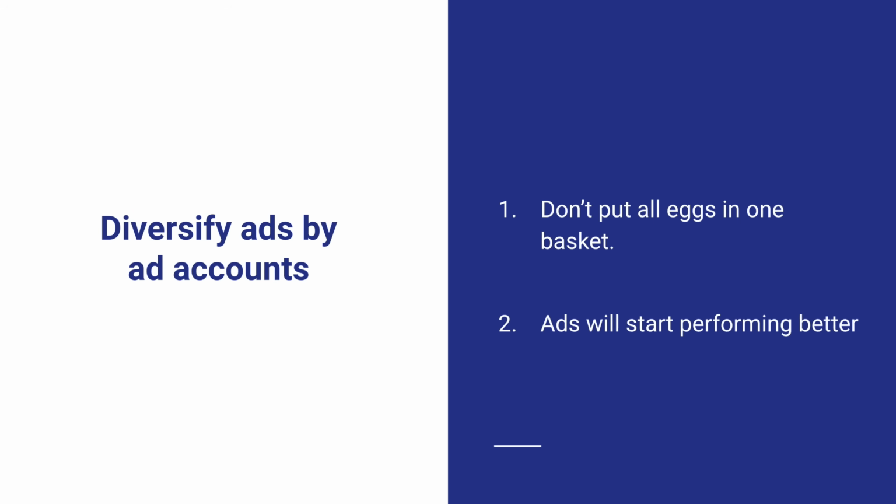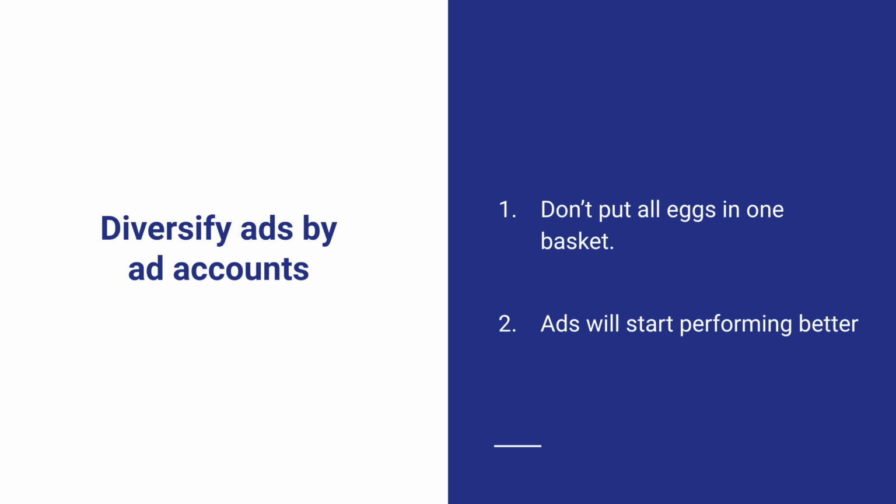Also, I want to talk about the ad accounts. You should have multiple ad accounts so you can diversify your ads by ad account, because you don't want to put all your eggs in one basket. That's a high risk way to do ads. So always diversify ads by ad accounts.